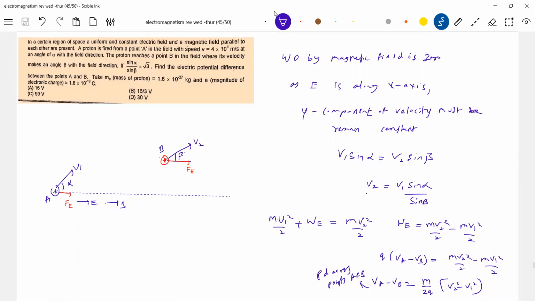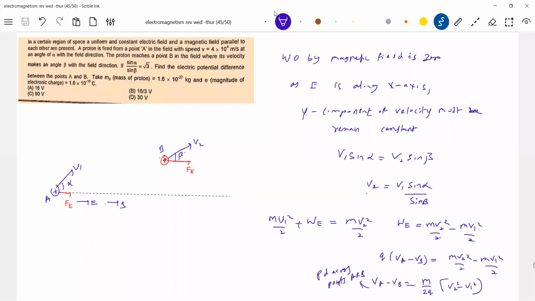Net work done by the electrostatic field along the y-axis, z-axis. We shouldn't write the y component of velocity, sir. We should write the component of velocity perpendicular to the x-axis. Yes, I made a diagram, so therefore I'm writing it here. Without a diagram, I cannot explain, so I just assumed a diagram. The component of velocity perpendicular to E bar should be along the y and z axes only. Here I'm taking the y-axis corresponding to the diagram I drew.